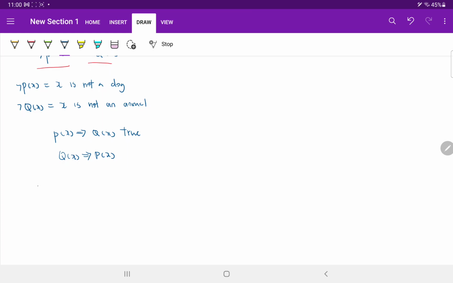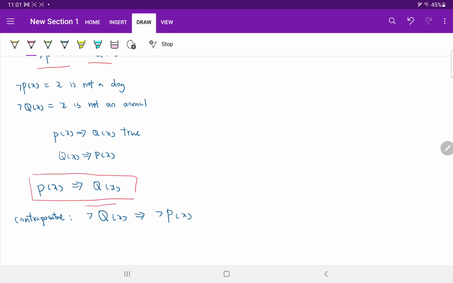So the contrapositive of P(x) implies Q(x), let's write that. The contrapositive would be negation of Q(x) implies negation of P(x). I want to highlight that these two statements are equivalent.